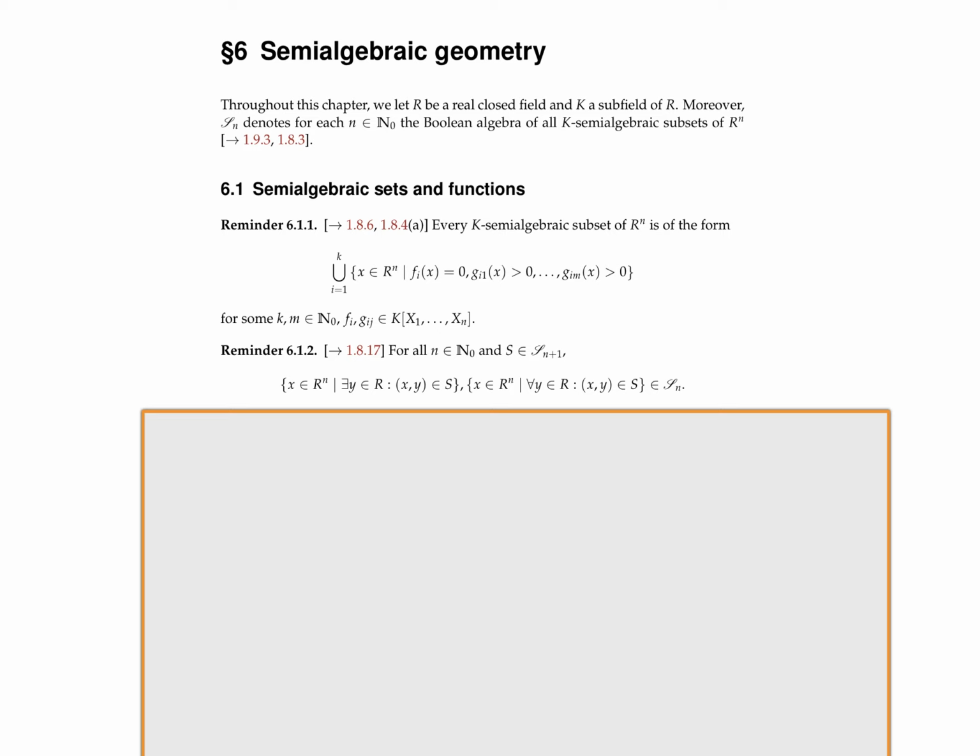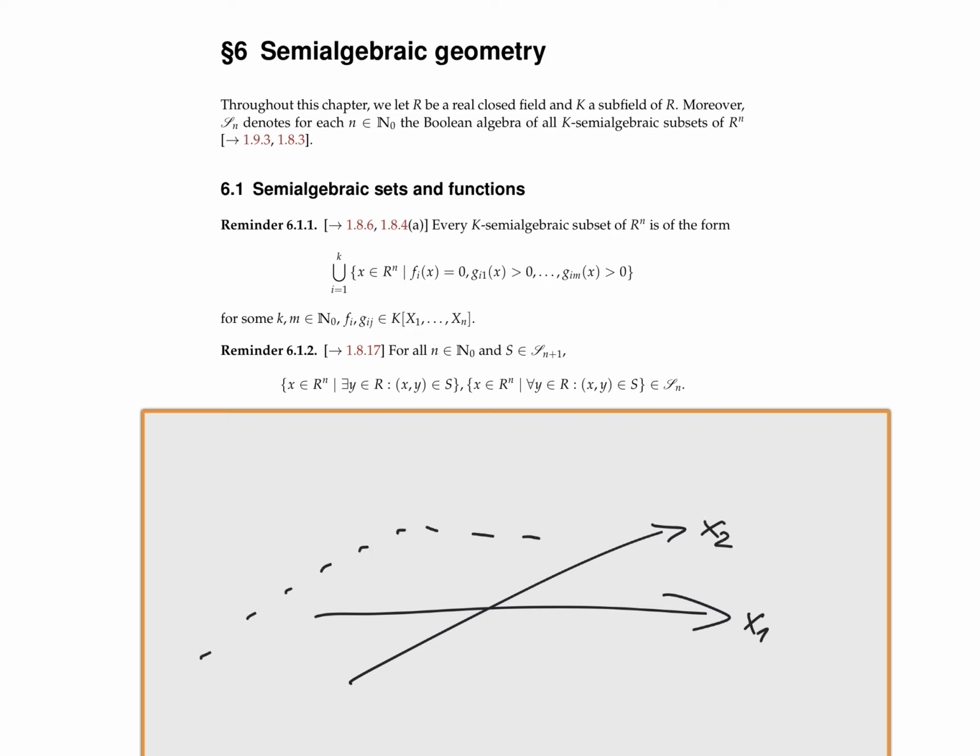So here I have maybe the x1 axis, here the x2 axis. So here I have this x1, x2 plane. And then I have here the x3 axis, right? The x1 and x2 axes lie on the plane of my piece of paper, respectively my tablet, whereas the x3 axis is orthogonal to it, but I draw it like this.